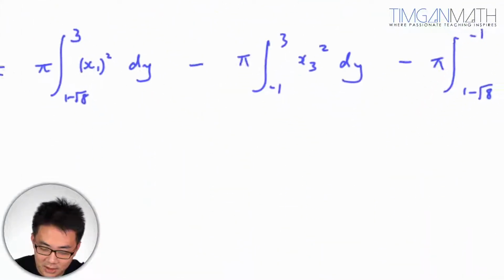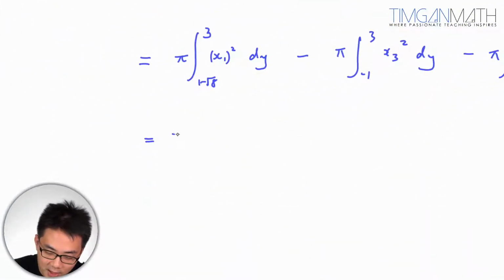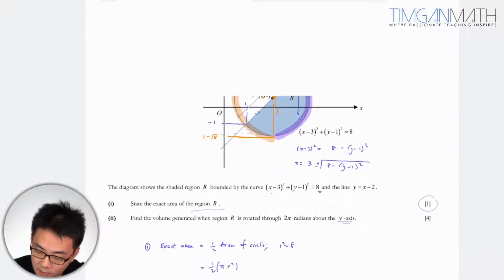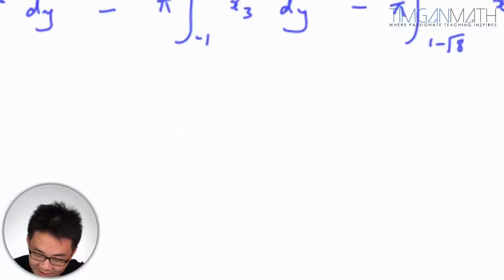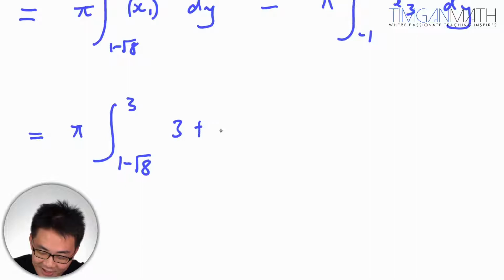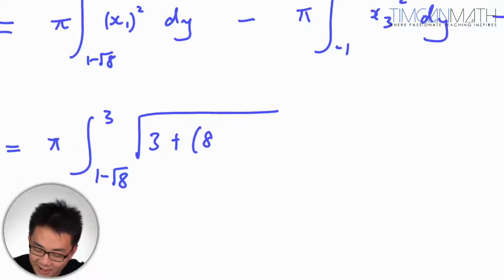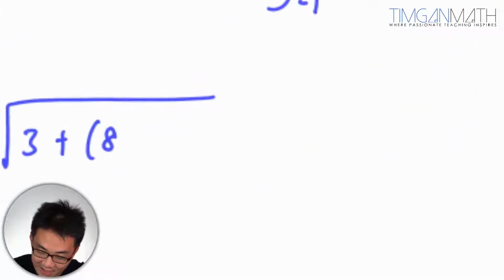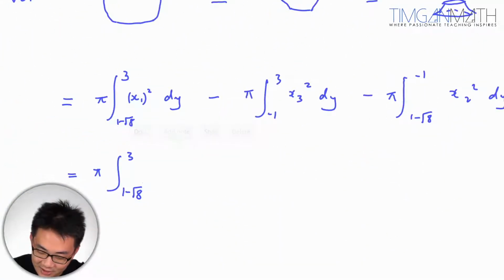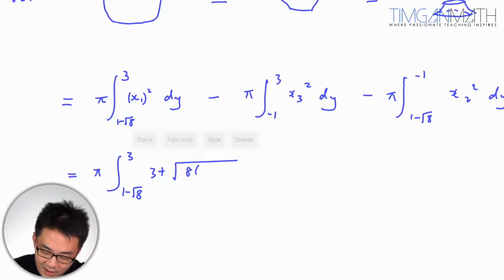The rest is just substituting all the values in. So pi, from 1 minus root 8 to 3, x1 squared. X1 is this one here, so it's 3 plus root 8 minus (y minus 1) squared. Wow, it's a lot of things. I'm so bad at this.